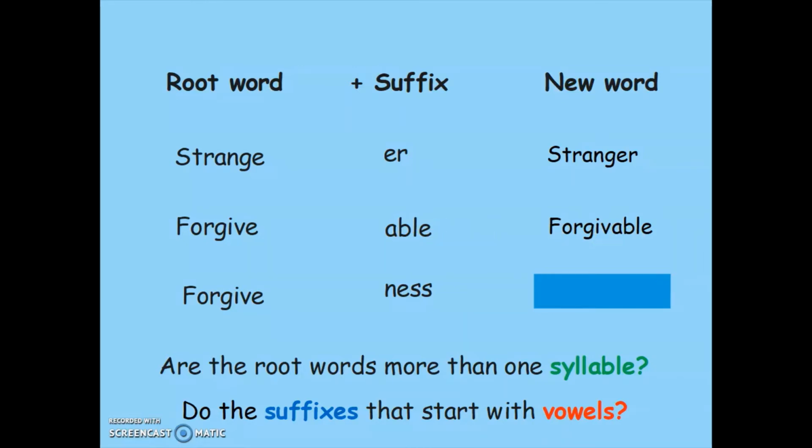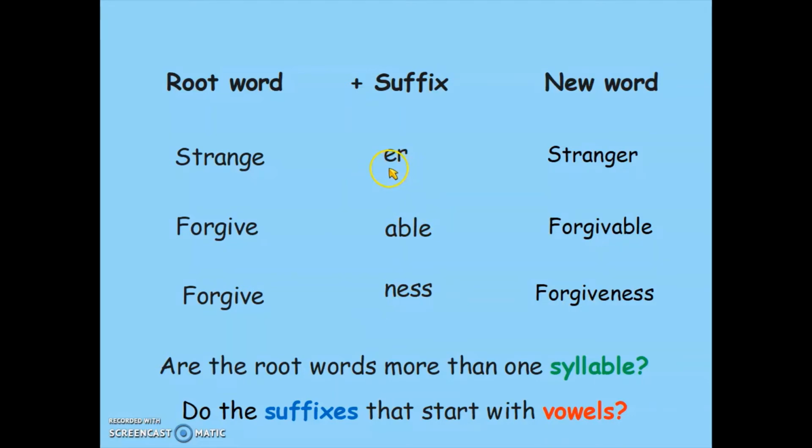Finally, forgive is the root word again. The suffix is ness. Forgiveness. Oh, that one's still got an E. Why is that? Can we remember what the rule was? The rule only exists when you're adding suffixes that start with a vowel.